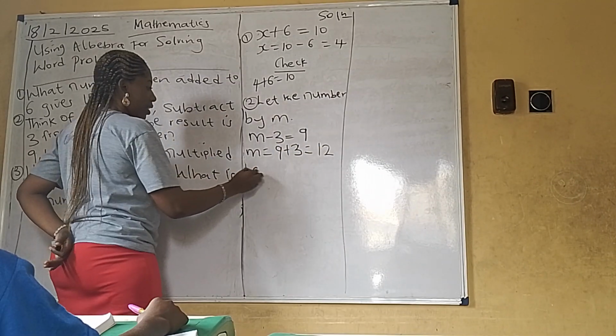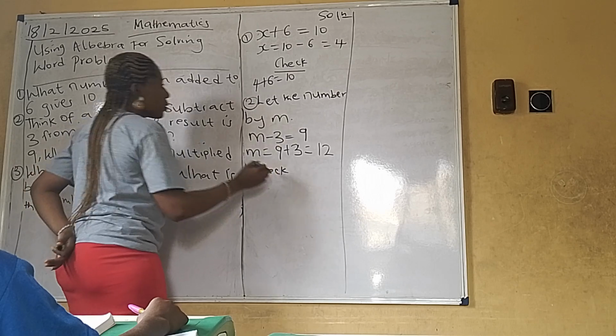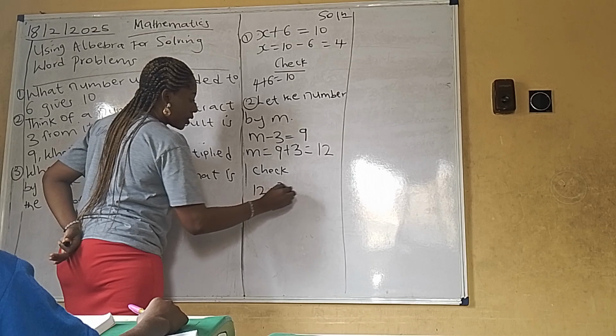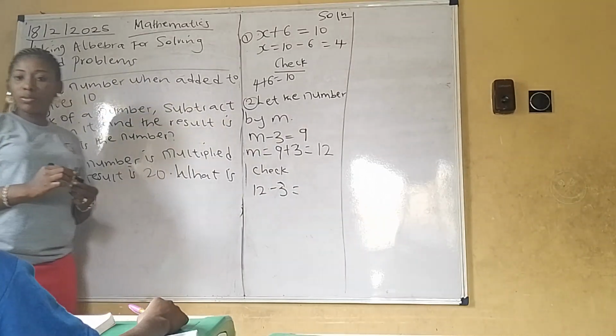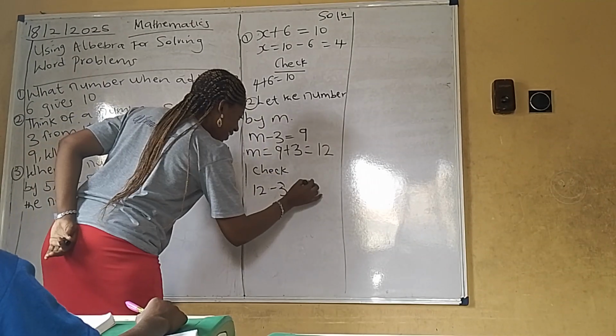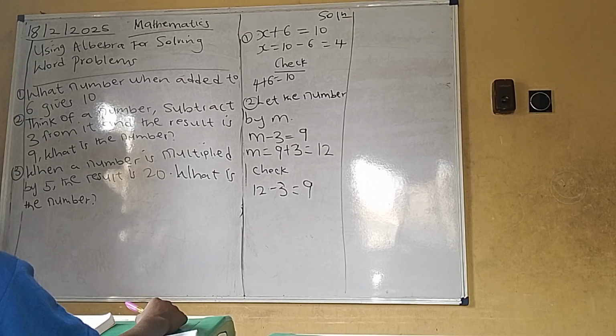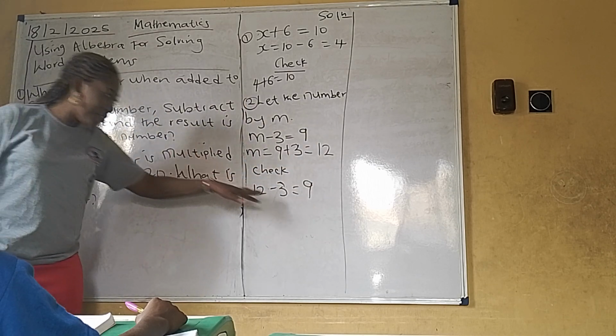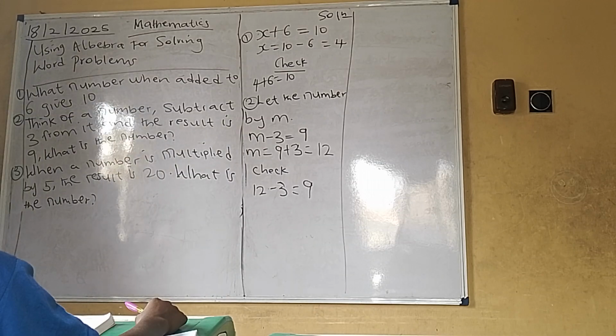Now let's check. We think of a number which is 12. We remove 3 from it. What would be the result? 9. Are we correct? Yes. So if you can get your expression correctly, you can definitely get your answers correctly.